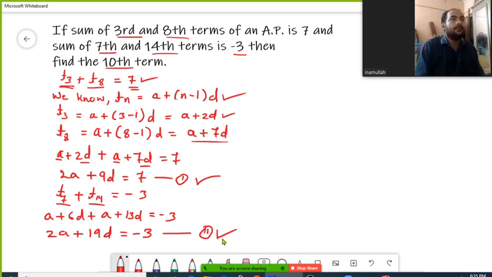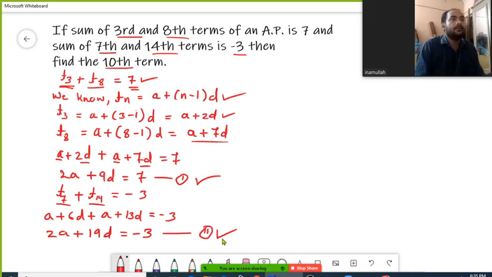The 10th term means you require the first term and common difference, that is A and D. So in order to calculate this 10th term, whether we need to calculate A and D or a composite value of A and D will work, that we need to see, because that way we can reduce our steps and our time.